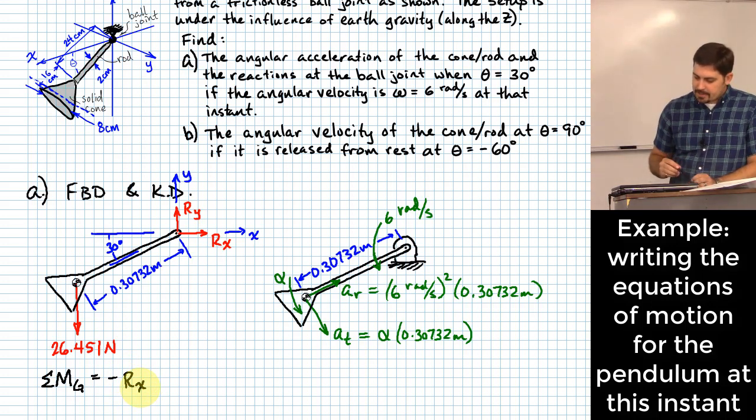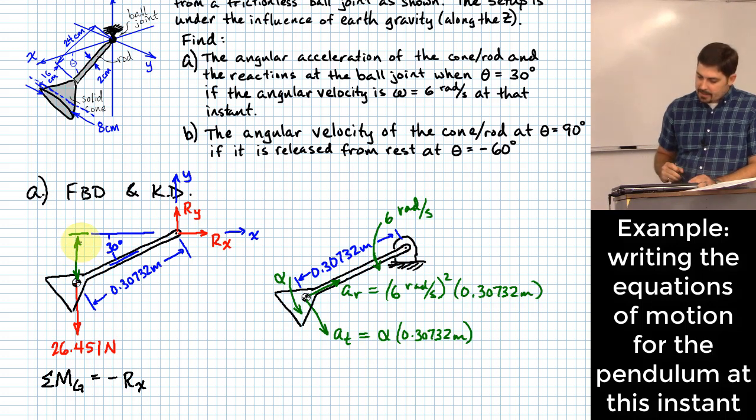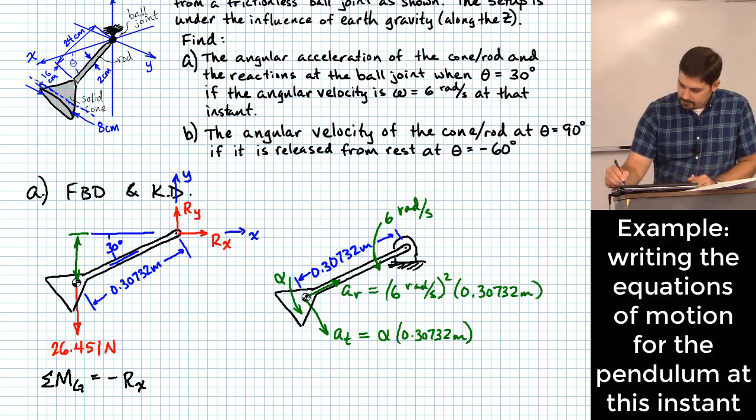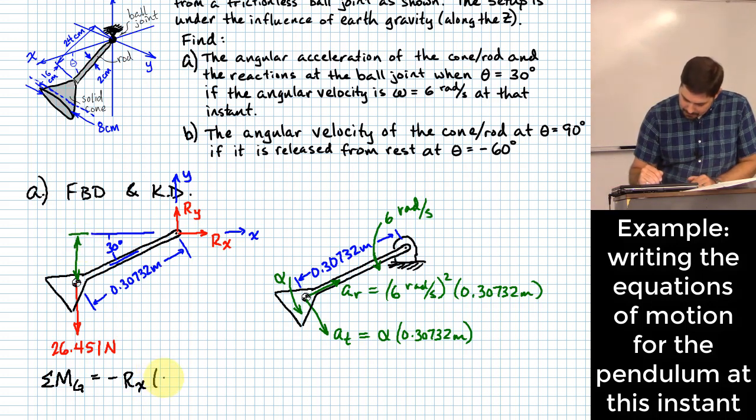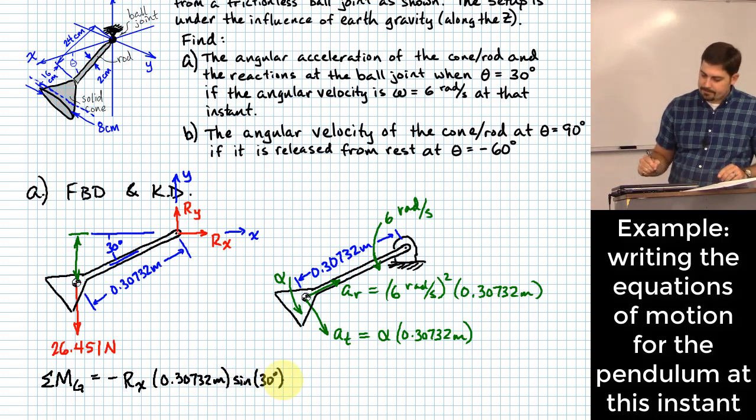Rx, I need just the length from the line of action of Rx to that CG. That length, by the way, would be like from here to here. To get that length, I take the direct length from the pin to the CG, and I multiply it by the sine of 30 degrees. So here we would have 0.30732 meters times the sine of 30 degrees.